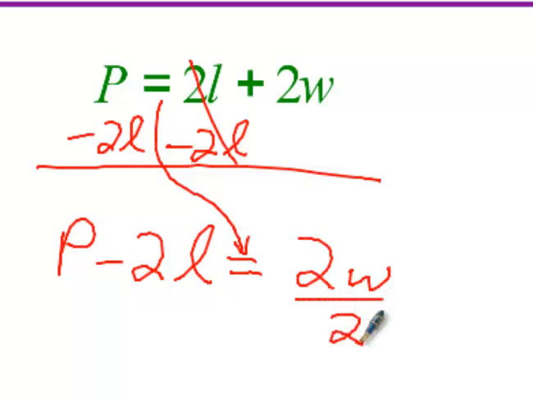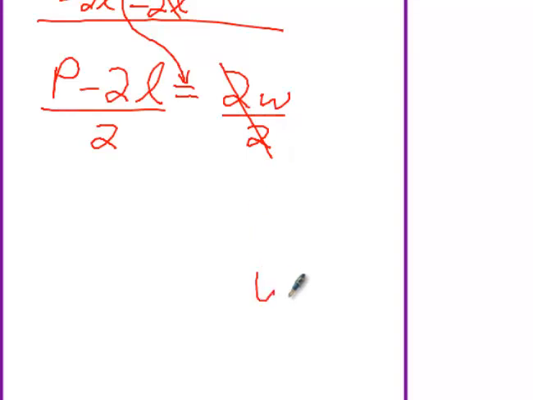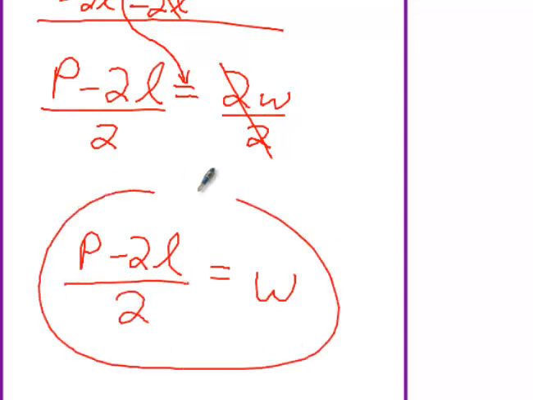Divide by 2. Divide by 2. This cancels. W equals P minus 2L over 2. That's your answer. Okay, we have the indicated variable isolated. They said isolate W. We have W isolated. And that's all we're trying to get to.